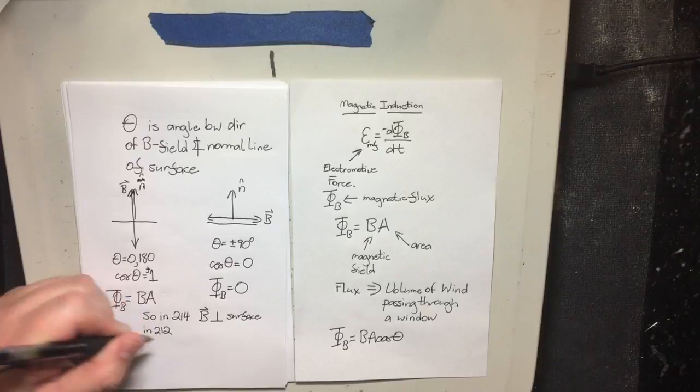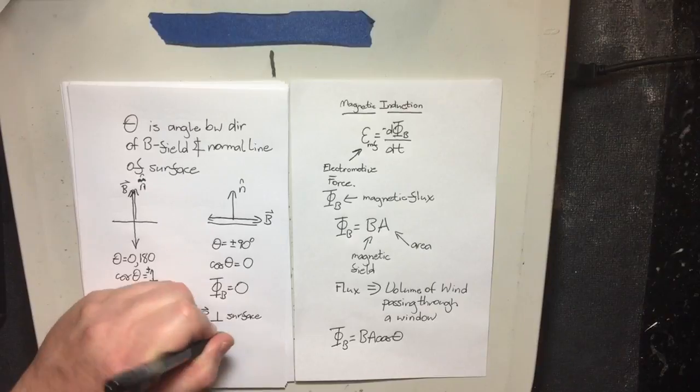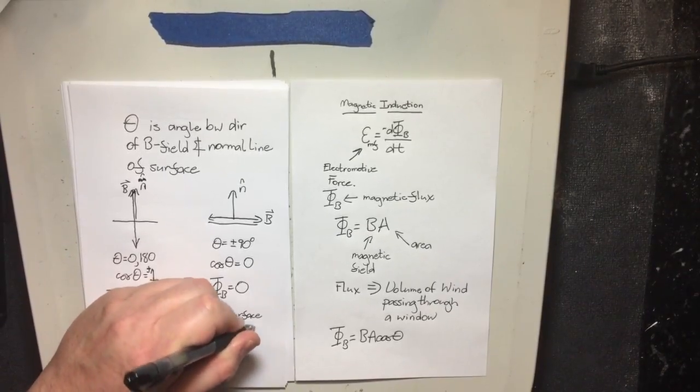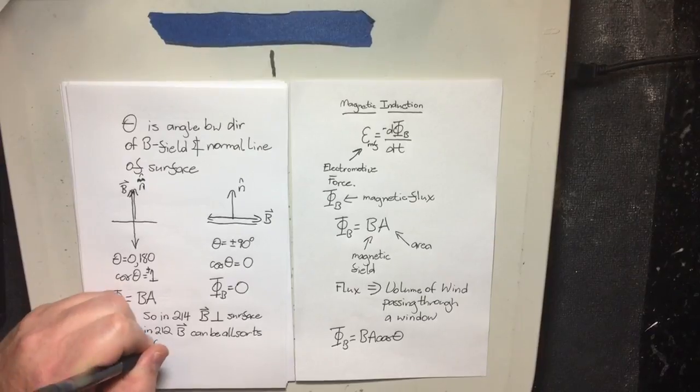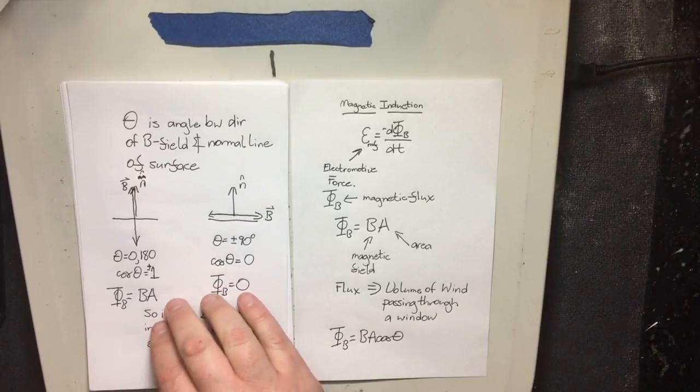In 212, the B field can be all sorts of angles. Because we're 213, 214, we're mathematically a little bit more diluted than the high proof 211, 212s. So all of the B fields that you're dealing with are going to be perpendicular to the surface, or parallel with the normal.